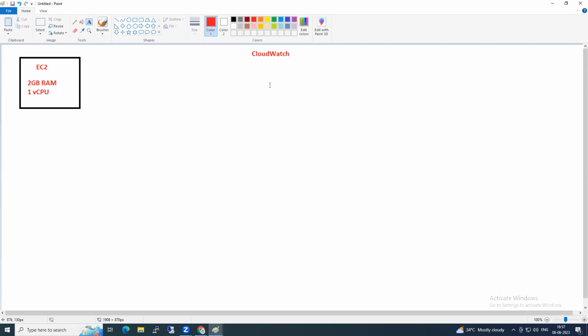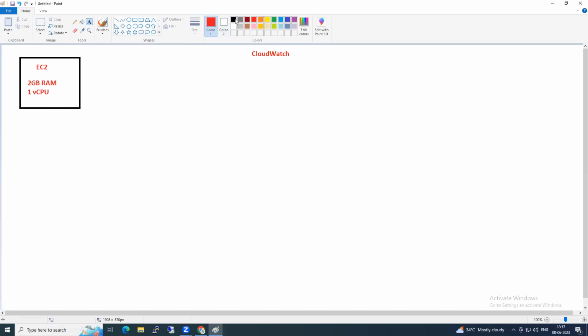Yes. Will CloudWatch monitor only EC2 instances? No. CloudWatch will monitor all AWS services. CloudWatch is not specific to only one service. It can monitor ELB, S3, load balancer, whatnot, everything.